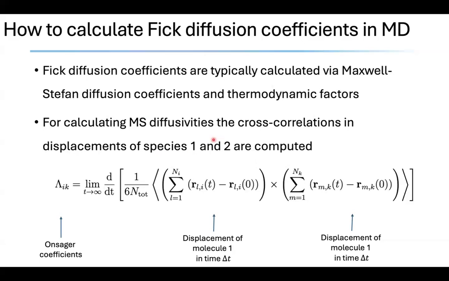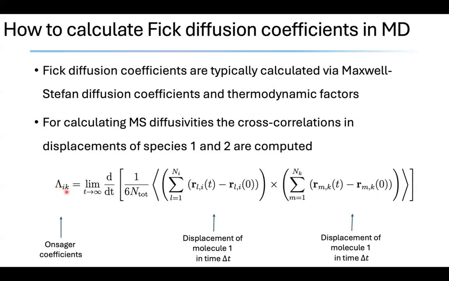To calculate Maxwell-Stefan diffusivities, the key component is to calculate cross correlations in displacements of molecules of species 1 and 2, since we are talking about binary mixtures here. The first step in the calculation of these cross correlations is called the Onsager coefficients, represented by the symbol lambda.